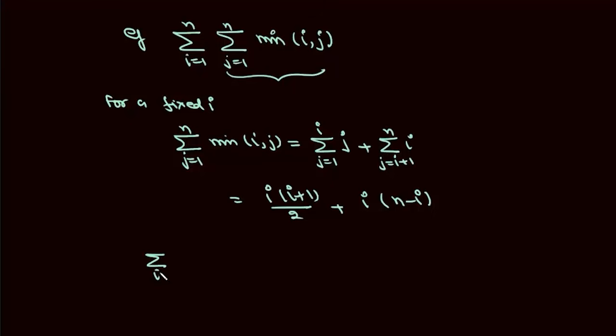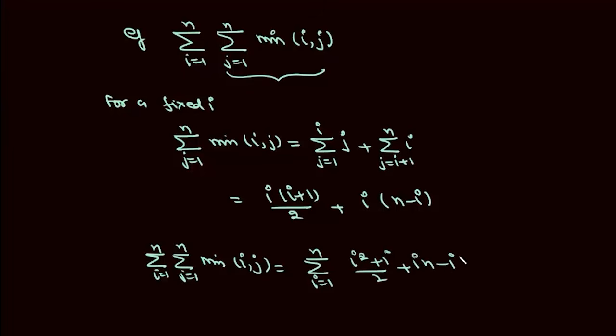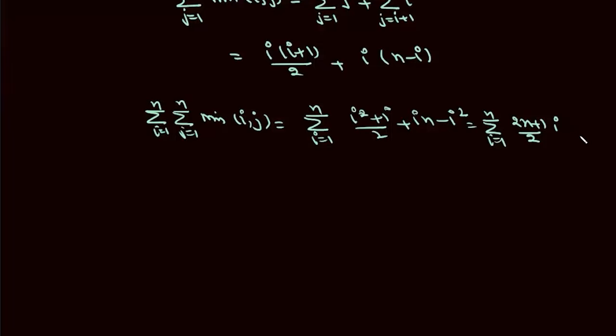So this summation i varies from 1 to n, summation j varies from 1 to n, minimum of ij will be this summation of i over 1 to n, i square plus i by 2 plus i n minus i square, which will be this summation i varies from 1 to n, 2n plus 1 by 2 i, and then minus i square by 2.